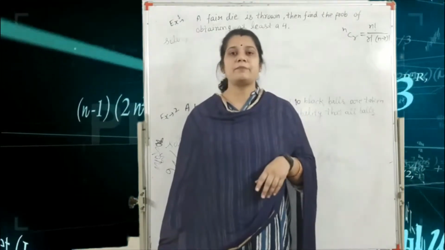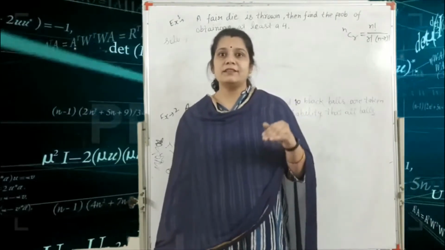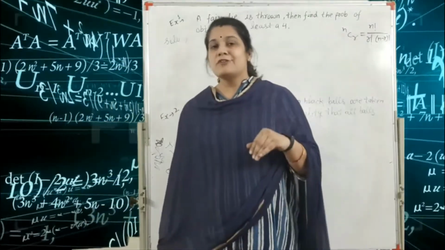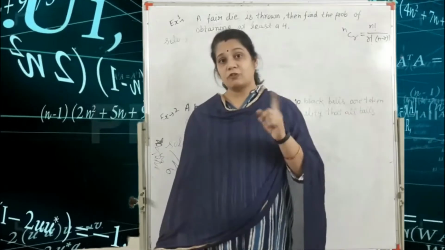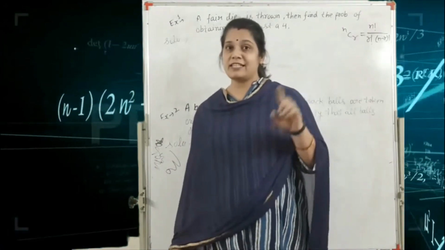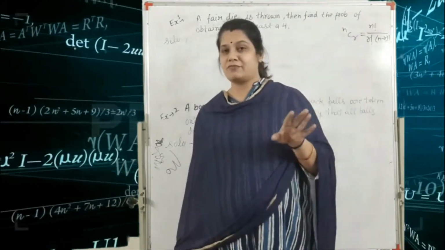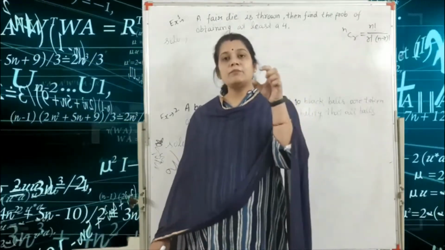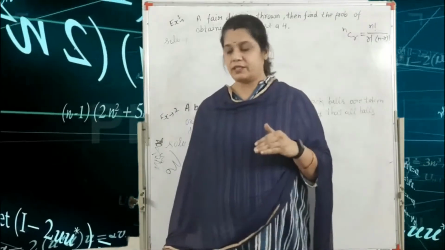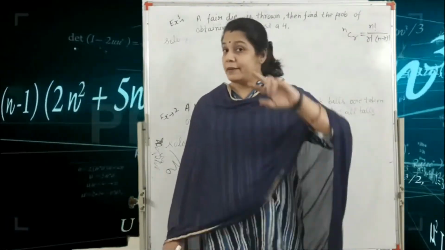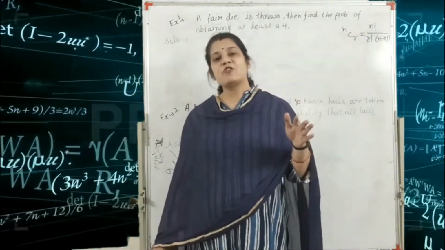In the same way, we throw a dice. The total possible outcomes is 6, because the dice has 1, 2, 3, 4, 5, 6, six faces. So we write 6 in the denominator, but the numerator depends on your question.